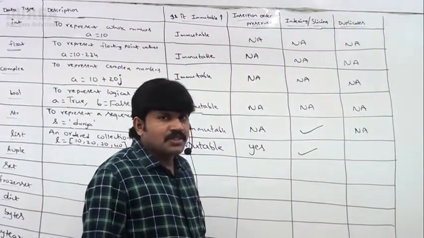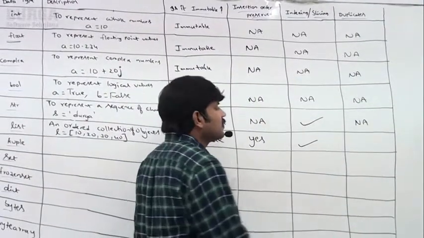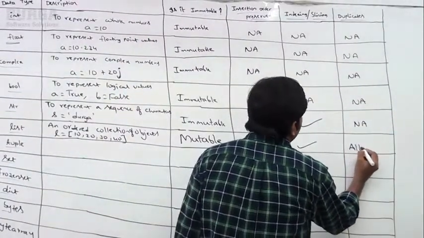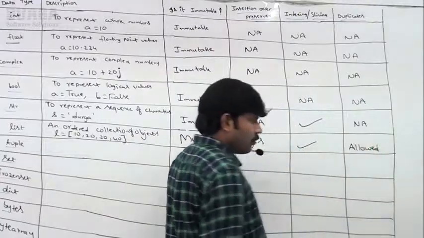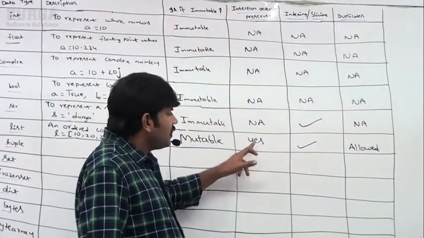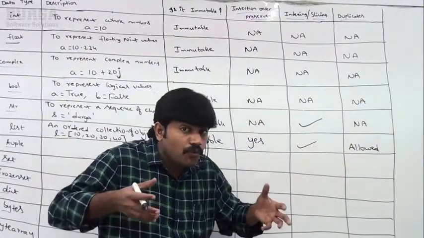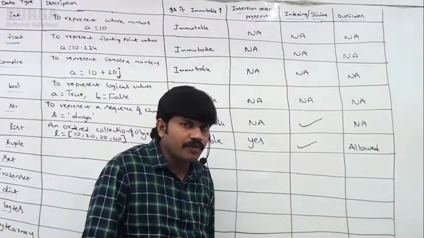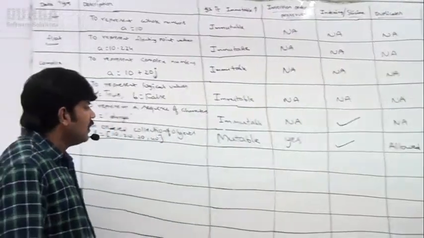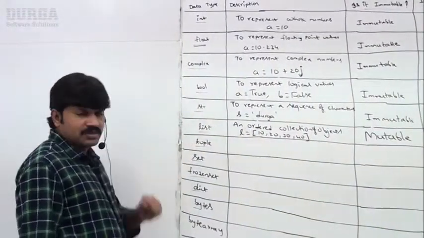Okay, are duplicate objects allowed or not? Yes, duplicate objects are allowed, no problem at all. So here insertion order is preserved and duplicate objects are allowed. If you want that, then we require to go for what? List concept. Okay, well, sir, what about tuple, sir?